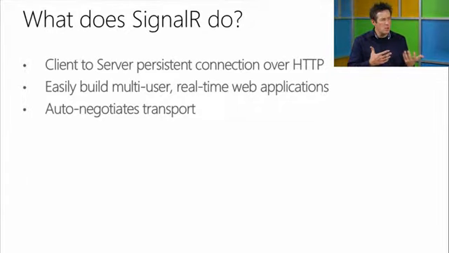Now, there's a couple of ways that we could do this in the past. One of the ways is to make that HTTP connection persistent, but that is just flat not going to scale. So we need something different. We need a different protocol, and this is where WebSockets come into play. You can, if you want, do WebSocket development. It works. It's there. You can absolutely do it. But the problem with doing WebSocket development is that it's sort of like doing normal socket development.